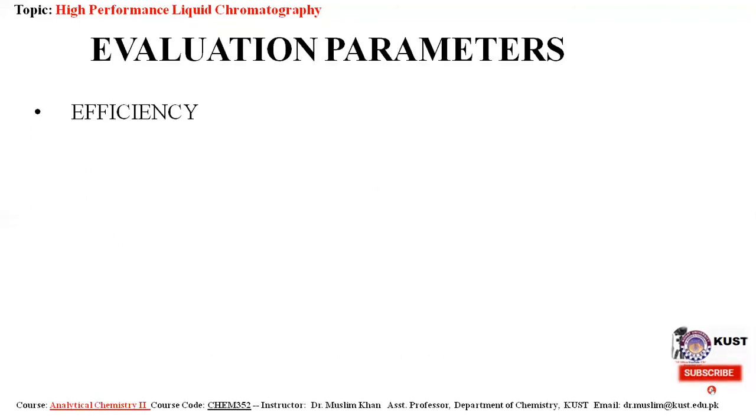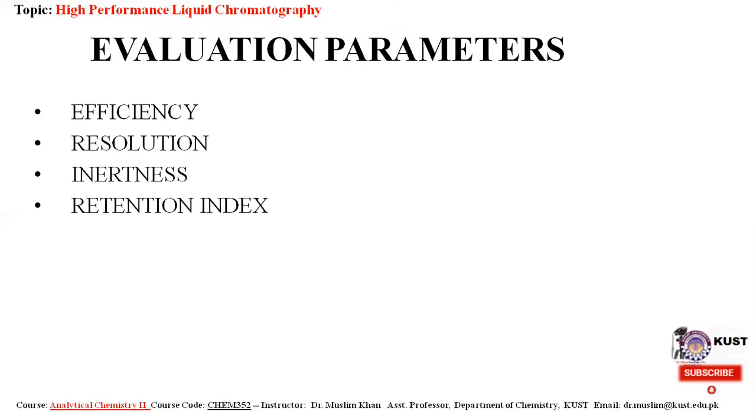So the evaluation parameters of a chromatographic system are the efficiency of the column, that is, how much sample was loaded and how much you get. This is basically called the efficiency or recovery. Then resolution, that is, how well two peaks are separated from each other.